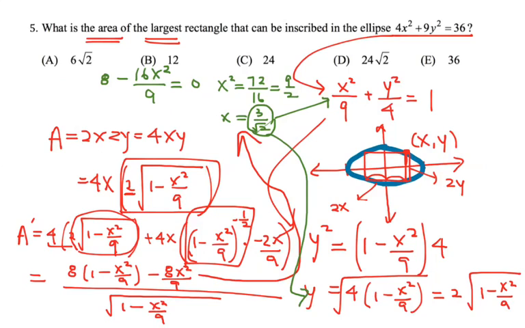Once you calculate that, I believe you will get y value as square root of 2. So our area, since we know the x and y values, by plugging them in, we get 4 times 3 over square root of 2 times square root of 2, which leads us to 12. So 12 would have been our answer.